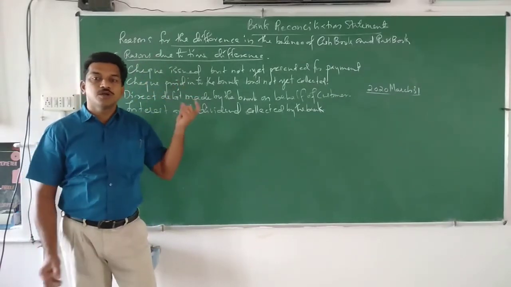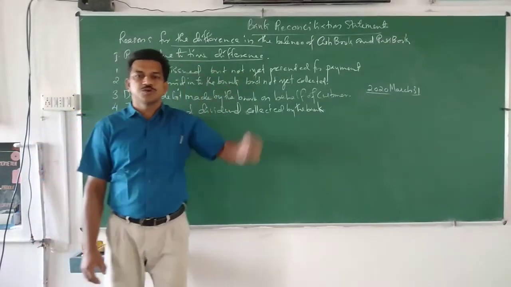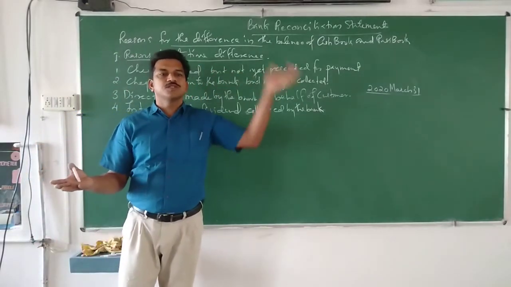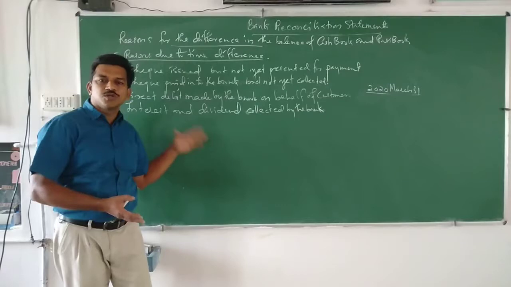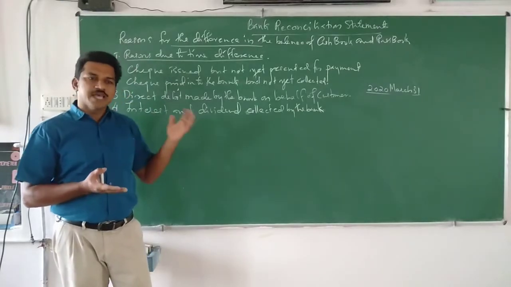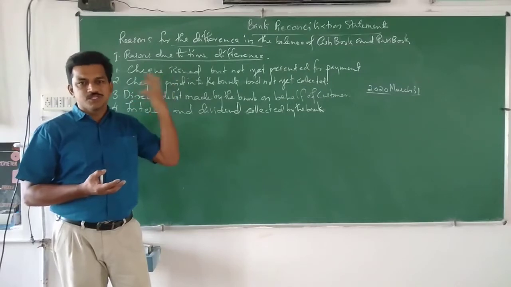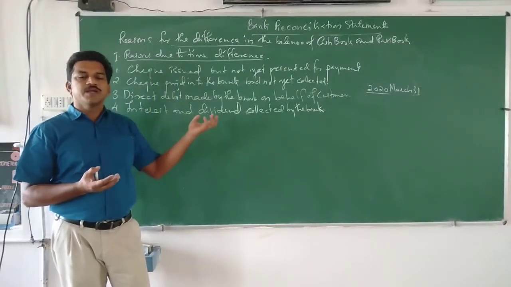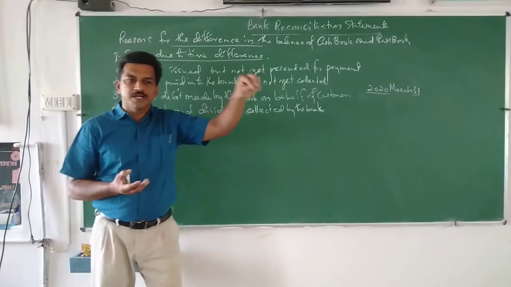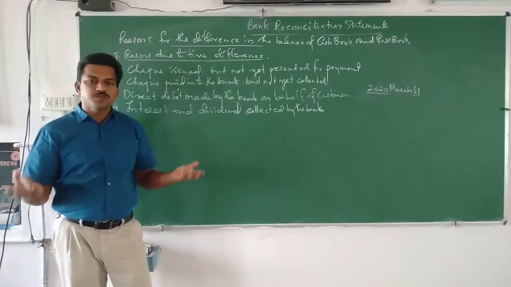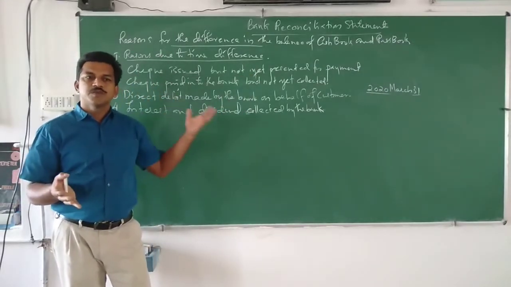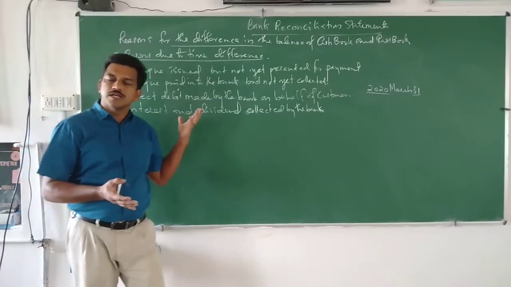It will be shown in the passbook, but since we did not know whether it was credited or not, it will not be shown in the cash book. In the same way, if we get any dividend from shares, that dividend also will be credited to the bank account, but we will not know whether it was credited or not. So that difference will be there.